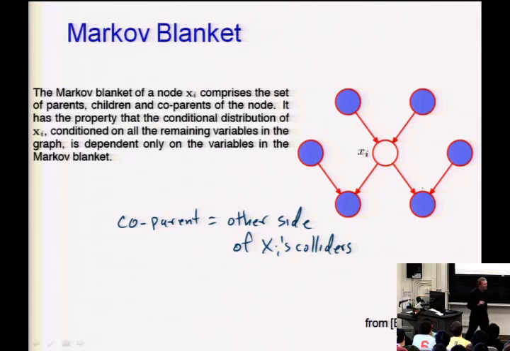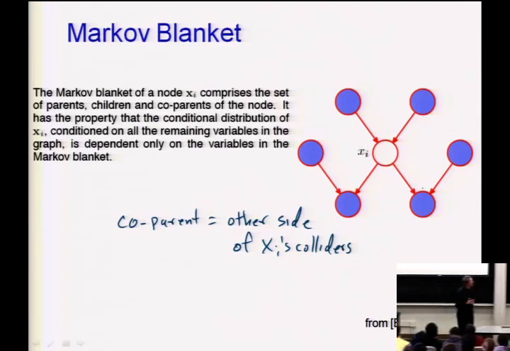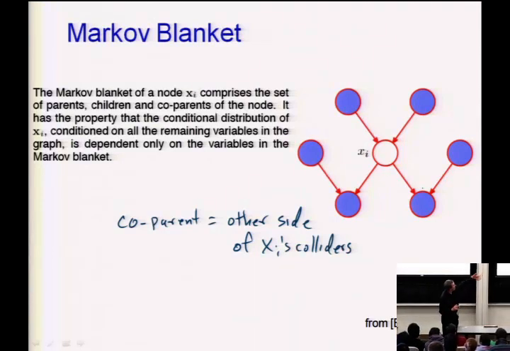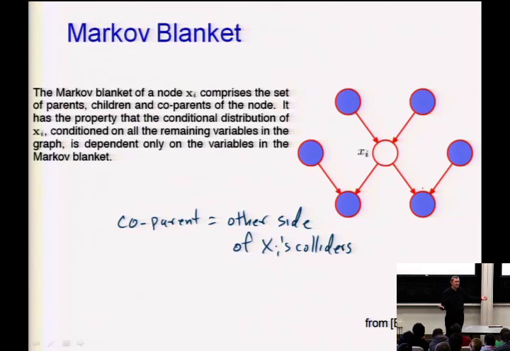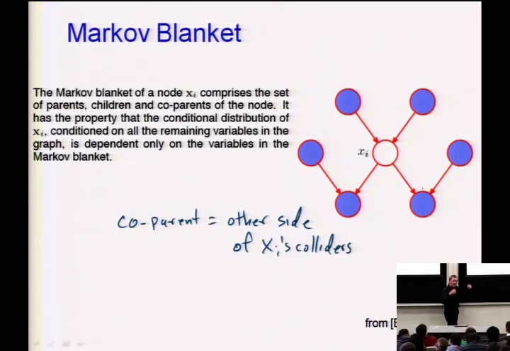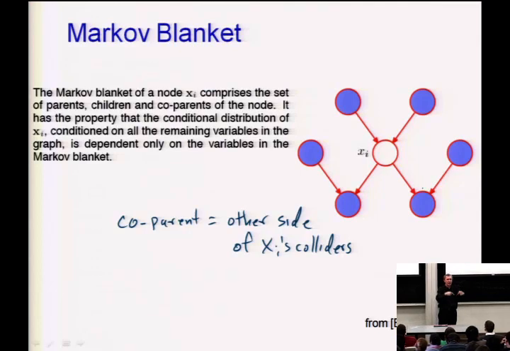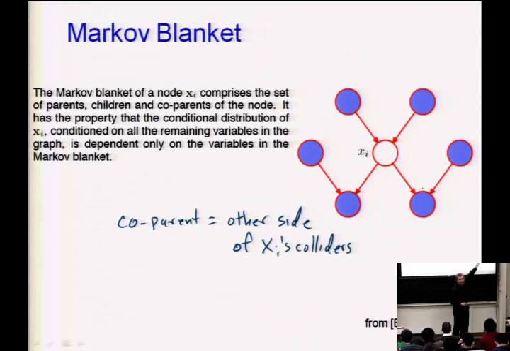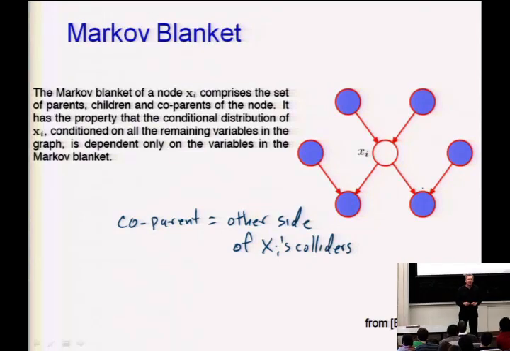At first, you might ask why we need these co-parents. If we didn't have the co-parents, we'd still have X sub I surrounded by completely known values. But you have to think back to this weird intuition about colliders. Suppose X sub I is whether there's a break-in in your apartment, and the descendant is that the alarm just went off.